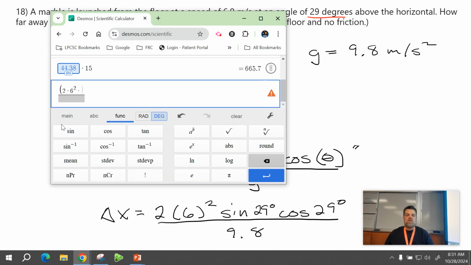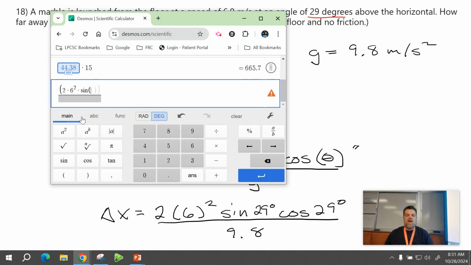If I hit function, there they are right there at the top. Sine of, and then I gotta go back, 29 degrees. See how this says degrees? This is radians. This is degrees. So make sure you have it in degrees. You gotta put it in parentheses too.